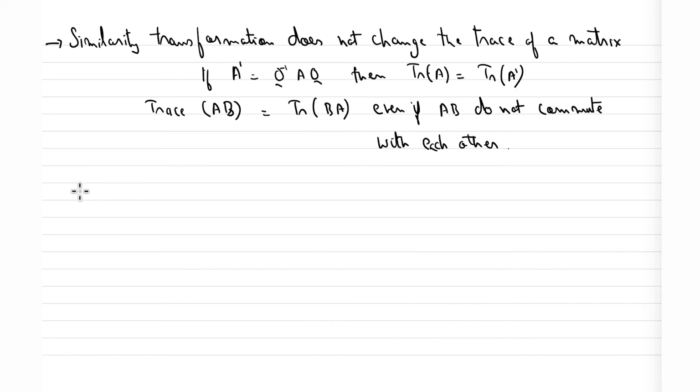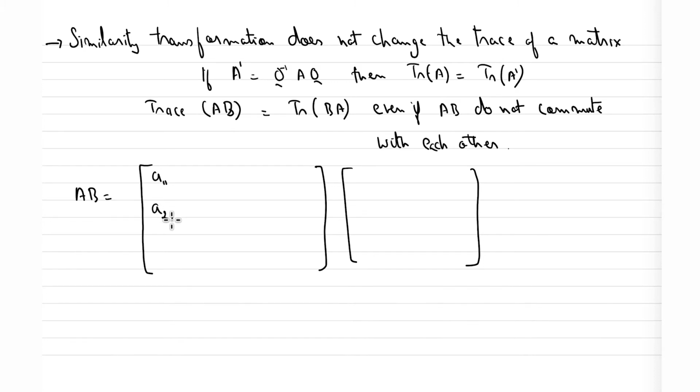So let us start writing the matrix product in any general form. So we can write this as two different matrices. So we can say that this is A11, this is A21, and so on, AN1, this will be A12, and we can say that this will be A1n, right? Similarly, we can write this as B11, B12, B1n, B21, Bn1, right?